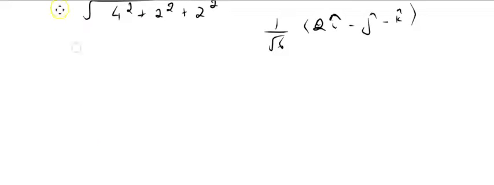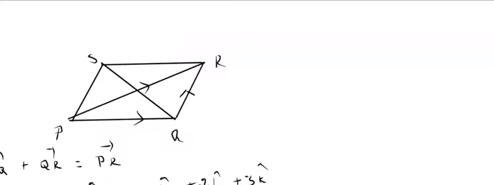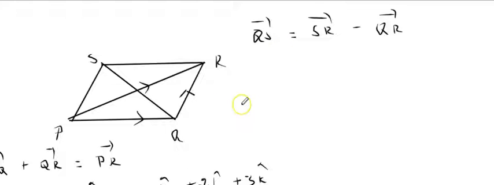Next, let us go to the other diagonal, that is the QS vector. QS vector is equal to SR vector minus QR vector, so we have to subtract.